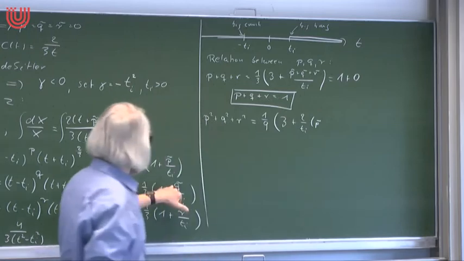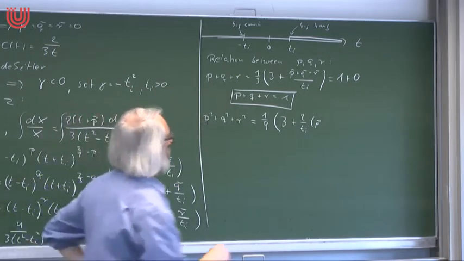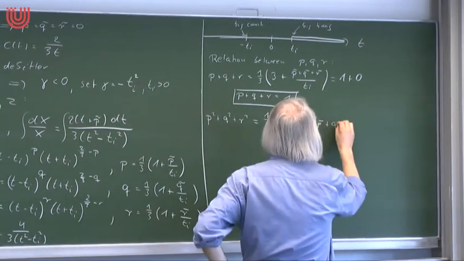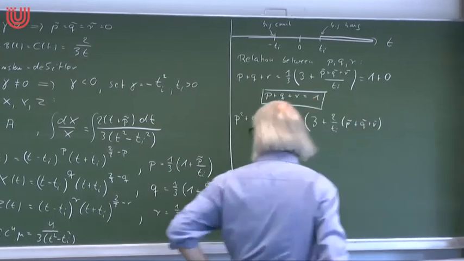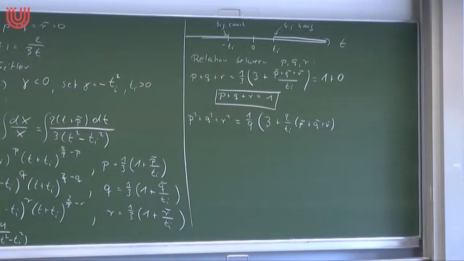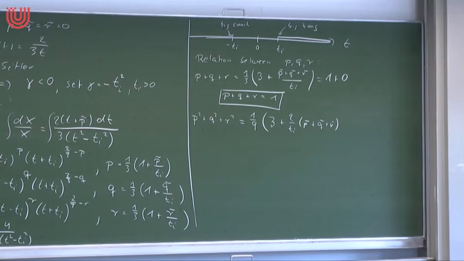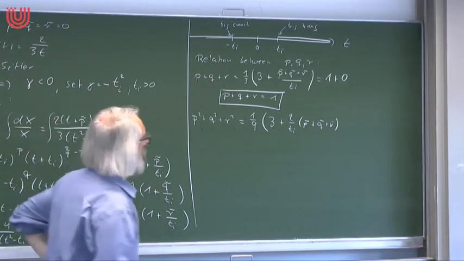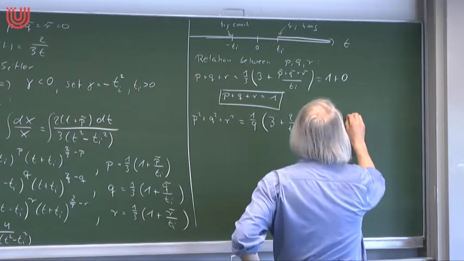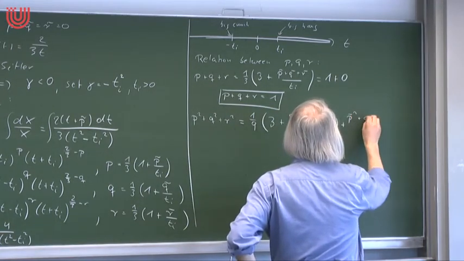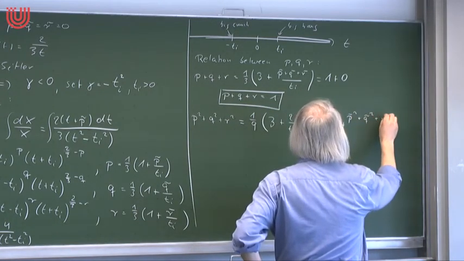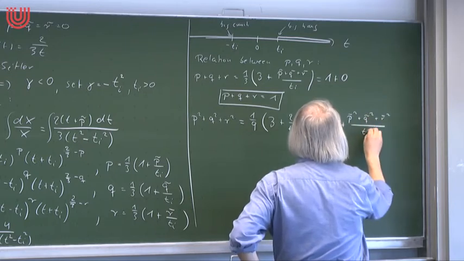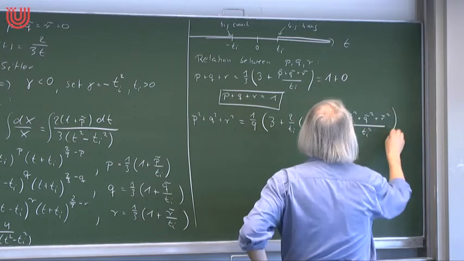And here is the same thing with Q twiddle and R twiddle instead of P. And then the last one, this squared plus this squared plus this squared gives P twiddle squared plus Q twiddle squared plus R twiddle squared over Ti squared.